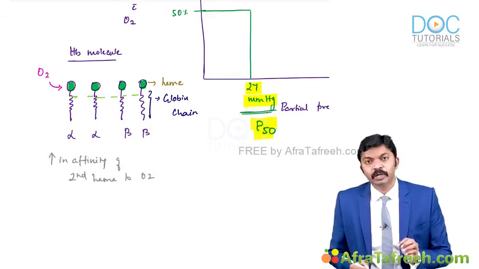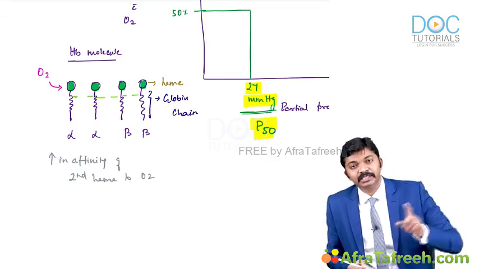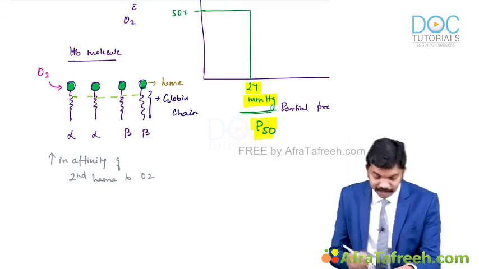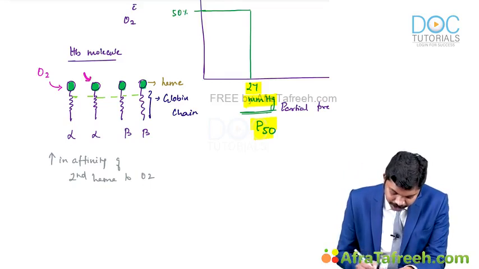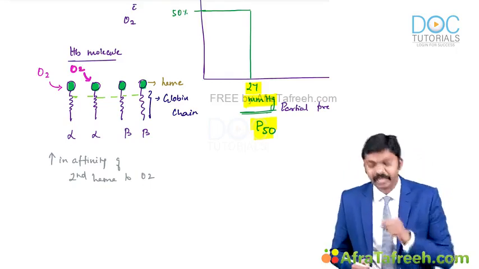So the second molecule of oxygen combines with the second heme with a greater affinity, doctors. There is an increased affinity of oxygen for the second heme.